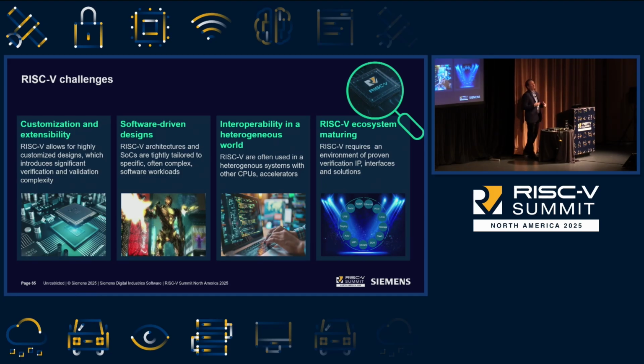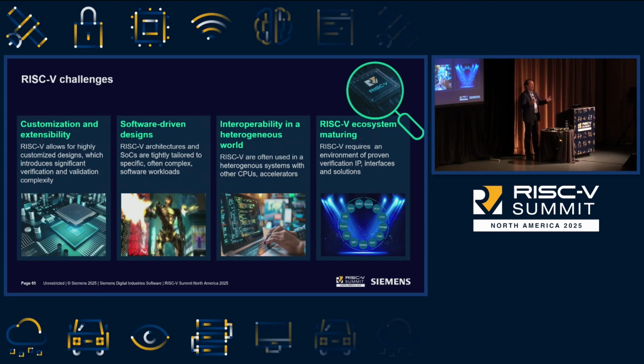The other category of challenges has more to do with where the industry is at, and what types of chips we are designing this day and age. When x86 came along, we were in the PC era. When ARM came along, we were in the mobile era. And when RISC-V came along and is gaining a lot of traction, we're in the AI era.